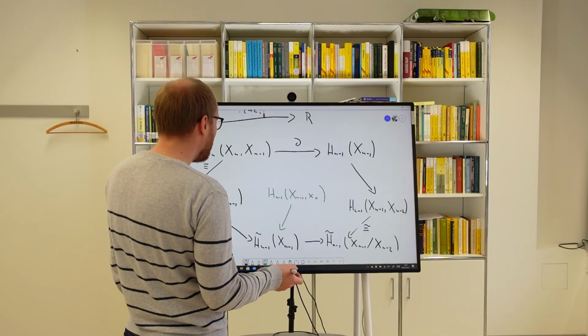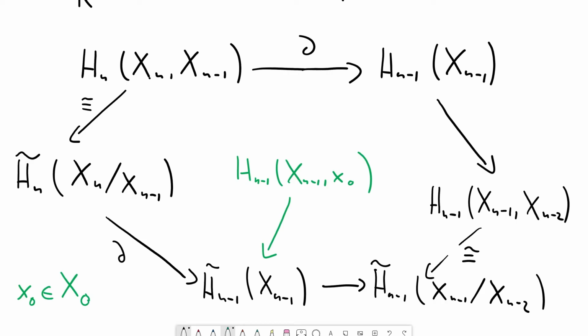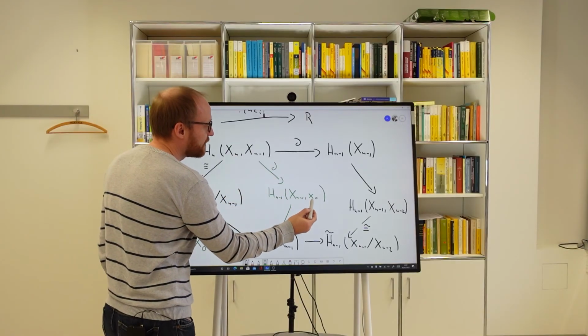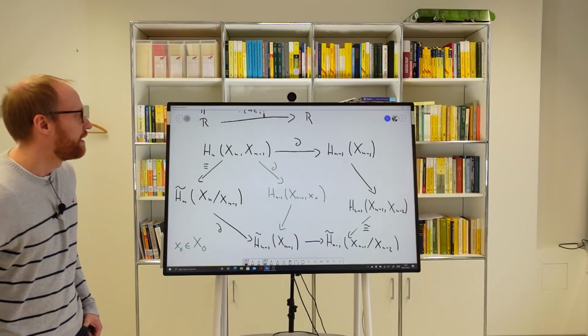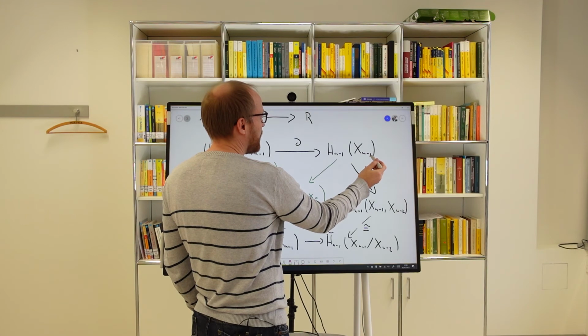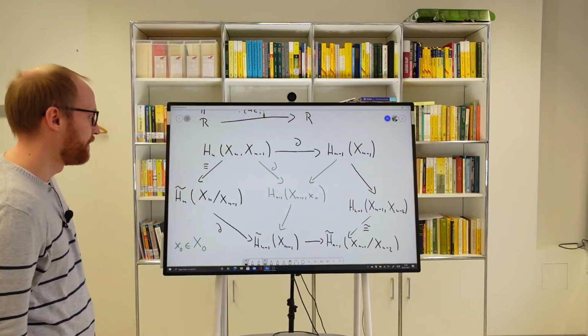And then I've got a map from here to here, which is just the boundary homomorphism in the triple sequence of the n-skeleton, (n-1)-skeleton, and this new base point here. And I also got a map here, which is just the inclusion of the pair (X^{n-1}, empty set) to (X^{n-1}, this point here).